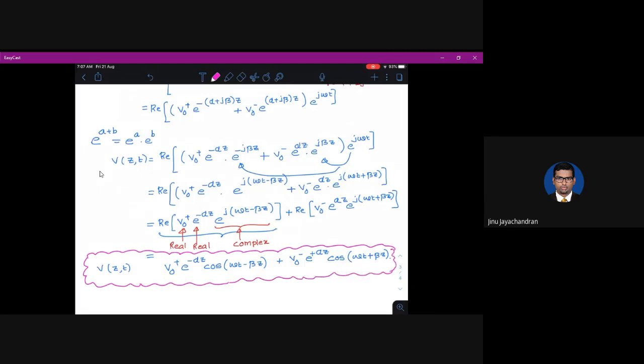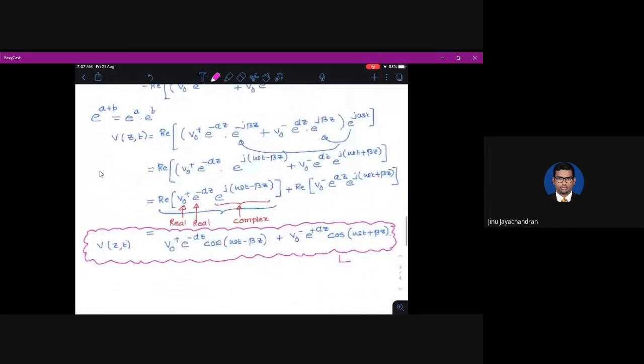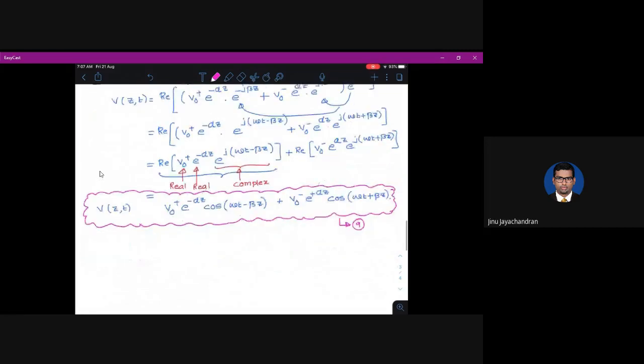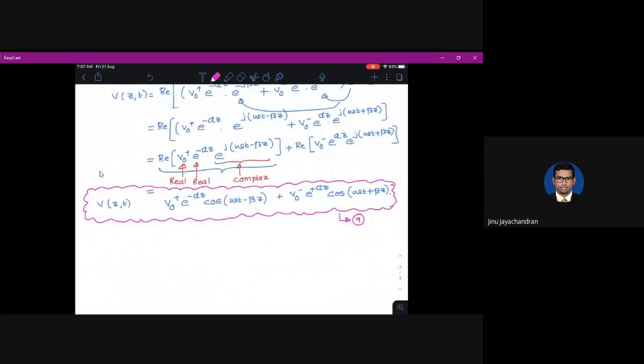We found that this is the equation of the waveform in the transmission line. But once we get an equation, we want to analyze how it looks like. Then only we can visualize that waveform. Then only we can study the parameters of the waveform.